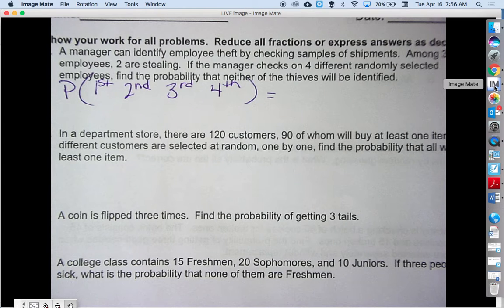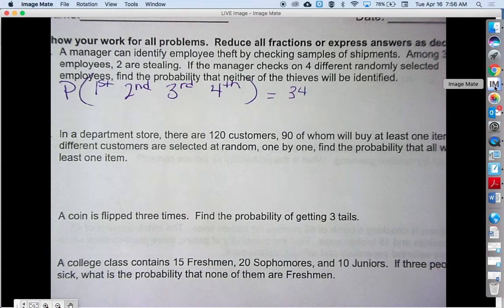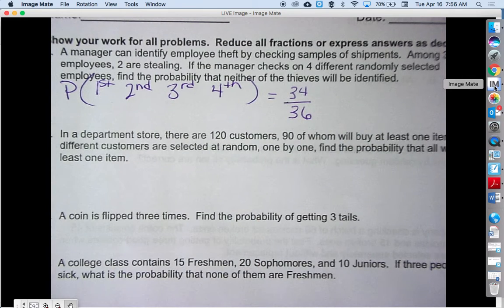Holly, how many would not be thieves if 2 are? 34. So the probability that none of my employees are thieves would be 34 out of 36, if 2 of them usually are.